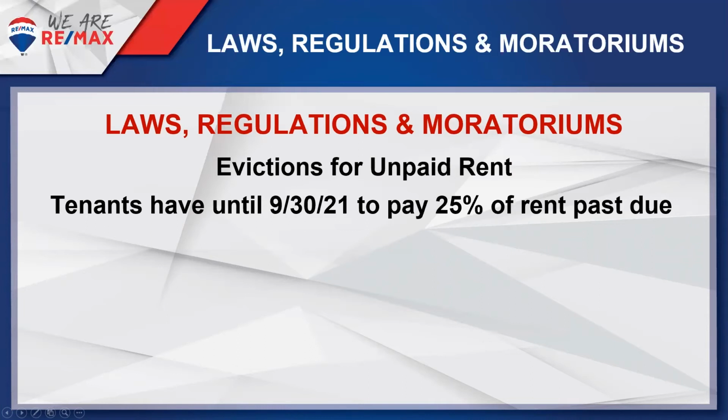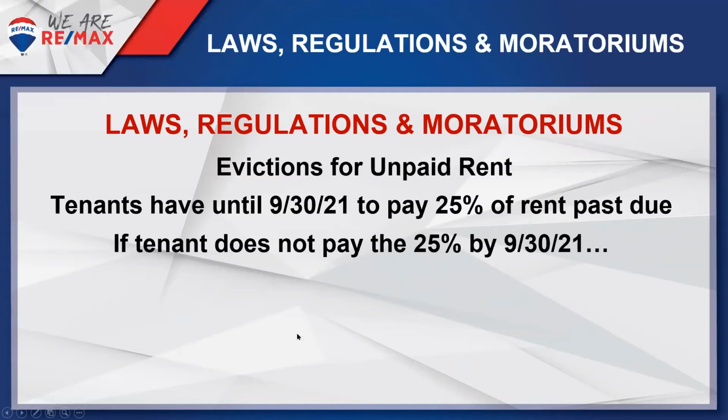Right now, tenants do not have to pay anything. Not a nickel. Starting on 10/1, they have to pay 25% of what's past due. And if they pay the 25%, then they're immune from being evicted for non-payment of rent.